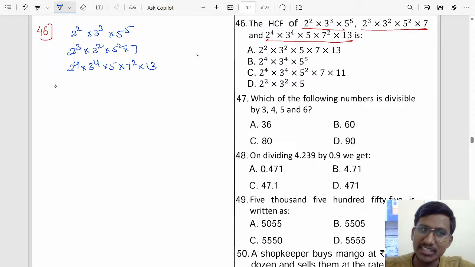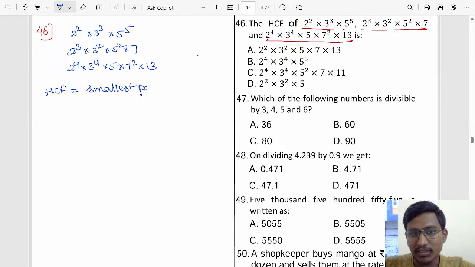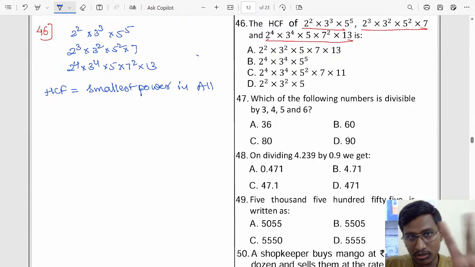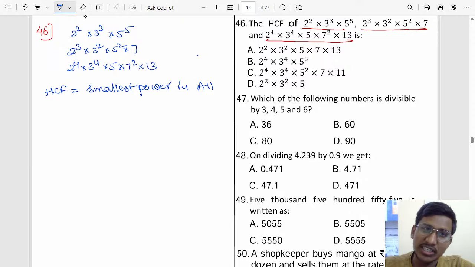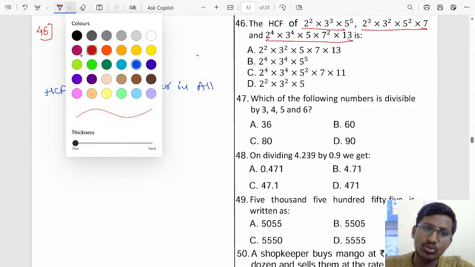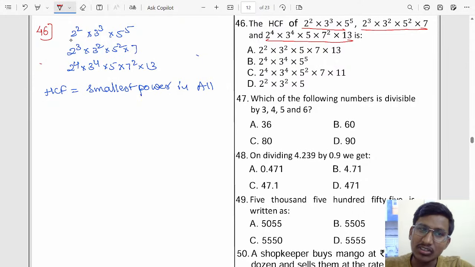In the HCF we have to take the smallest power that is there in all the numbers. Here 2 is there in all the numbers. So what is the smallest power? 2 power 2.